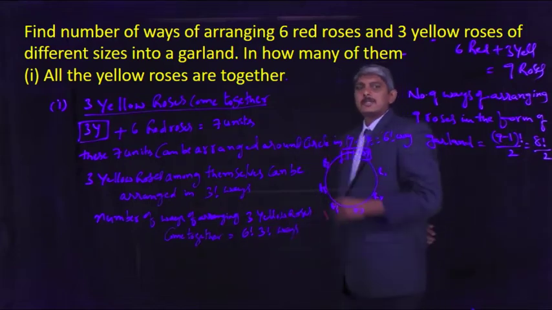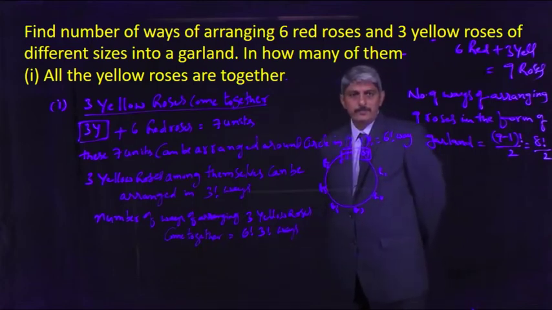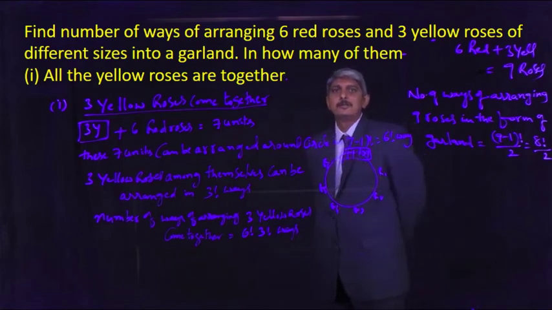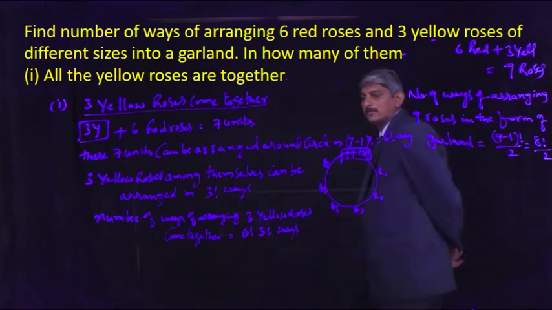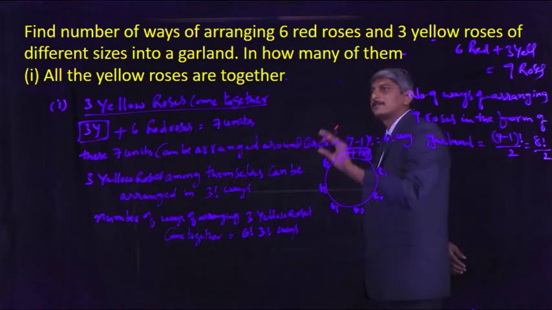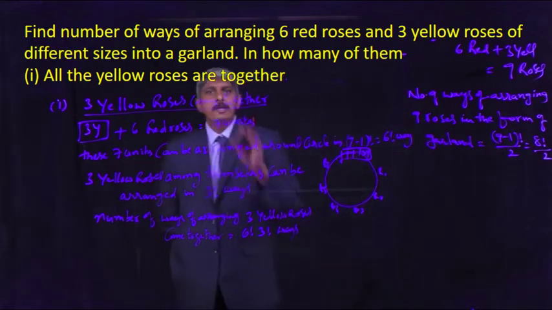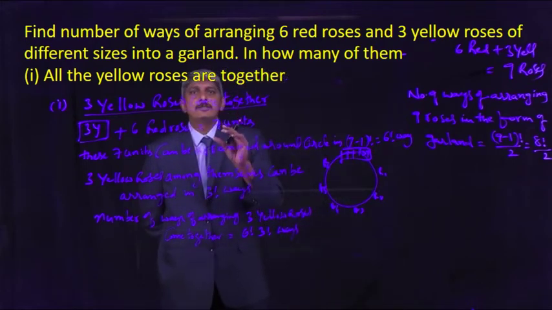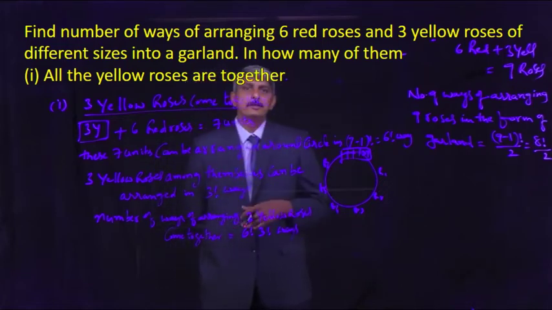So, by observing these conditions, is the problem over or not? Your problem is not over. So here the number of circular permutations is simply 6 factorial into 3 factorial. But in the case of a garland, chain, or necklace, the clockwise arrangement seen from one side is the anti-clockwise arrangement seen from the other side.